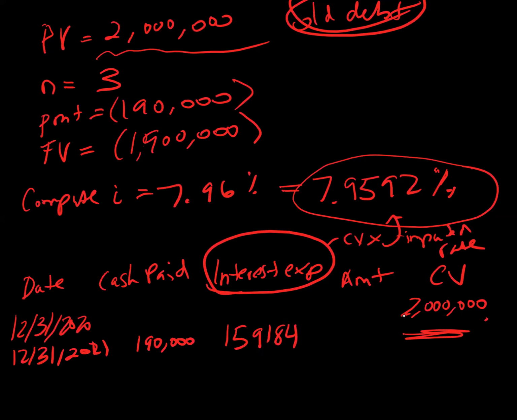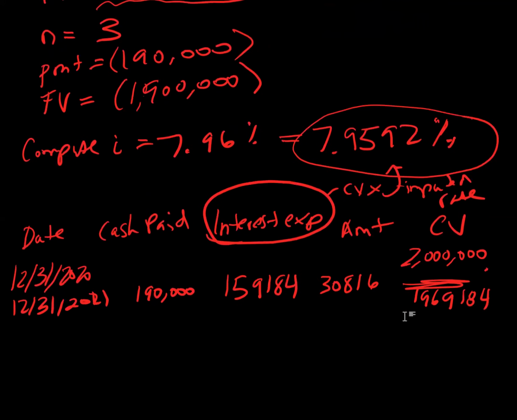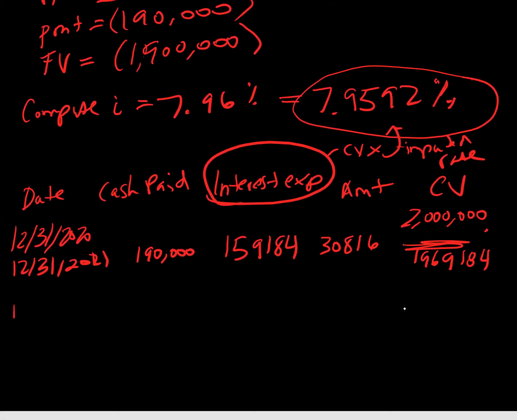The difference between 190 and 159,184 is going to be 30,816. So our new carrying value is going to be 1,969,184.